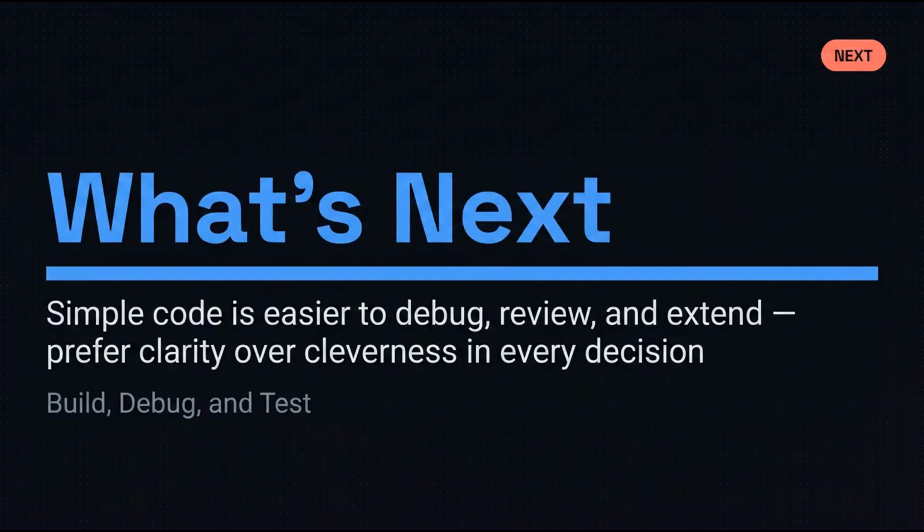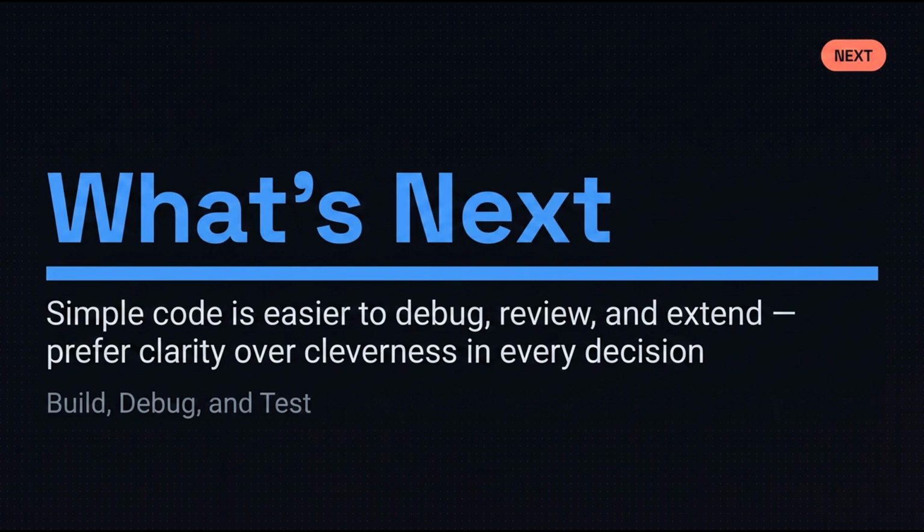Here's the key takeaway. Simple code is easier to debug, review, and extend. Prefer clarity over cleverness in every decision. Use const by default. Make ownership obvious in types. Return values instead of mutating output parameters.